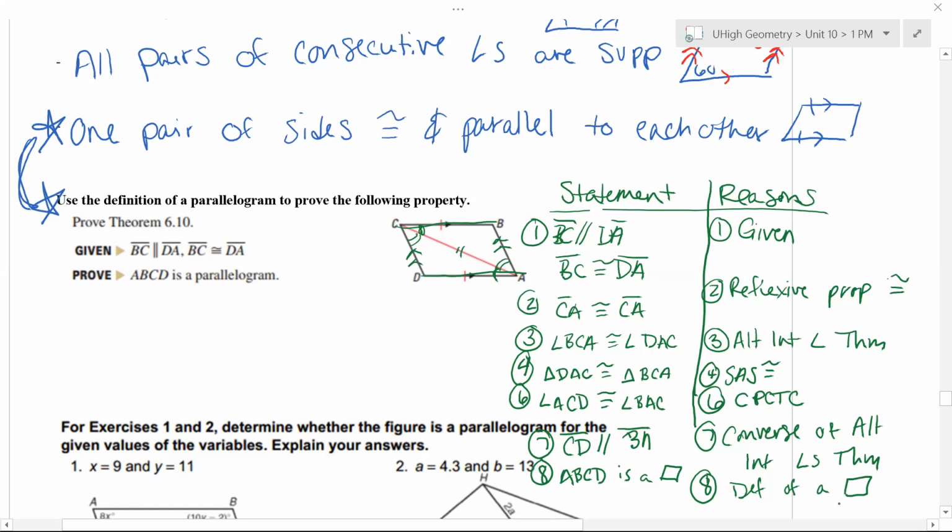So now you guys can see if we're given one pair of sides that's congruent and parallel, we can prove that we do have a parallelogram.